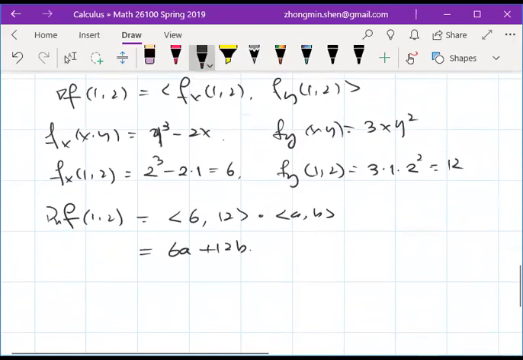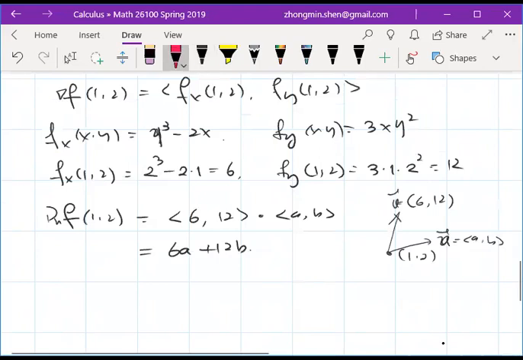Okay, so if this is a direction, here's the point (1,2). That's a direction. Okay, that's u. 6 and 12. Okay, the 6. So, but the direction u is arbitrary. Okay, you can change it. The geometric meaning of this derivative is going to be the rate of change of the function along this line, in that direction.